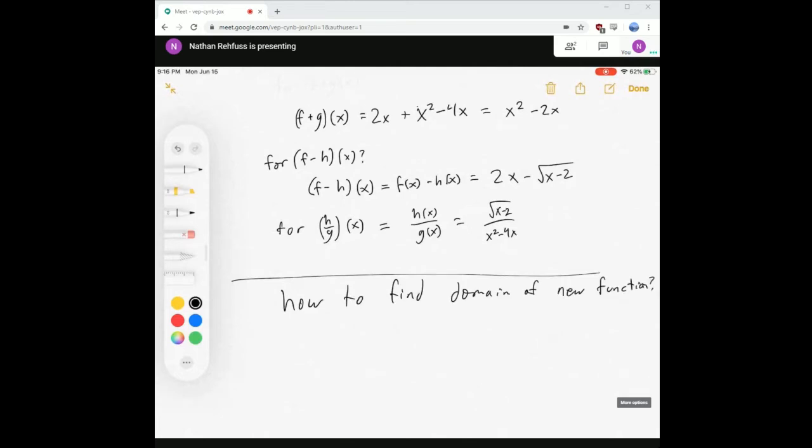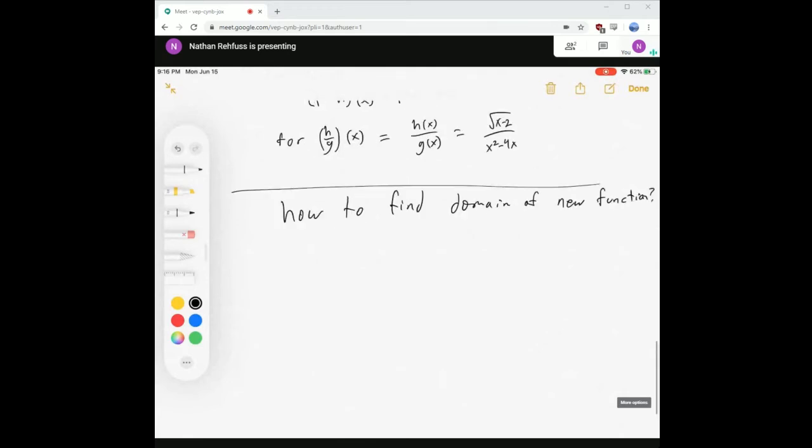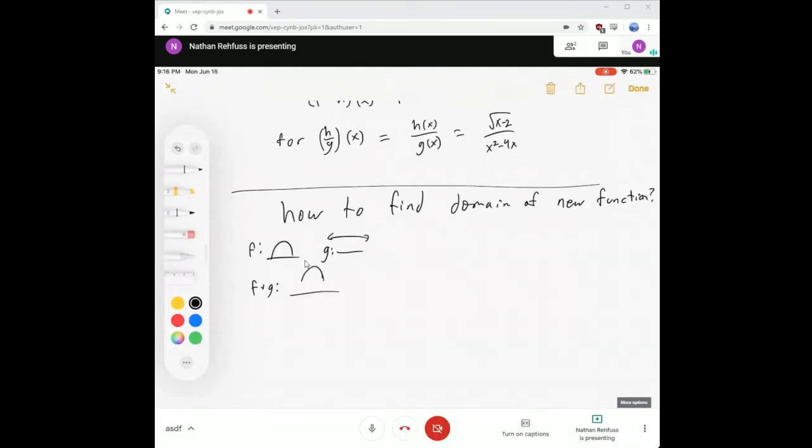Well, we can go by example. When I had f of x was this little guy and g of x was this little guy, from our very first example at the start of the previous video, f plus g turned out to be this little guy. Remember, it was that semicircle, but moved up 6 units.